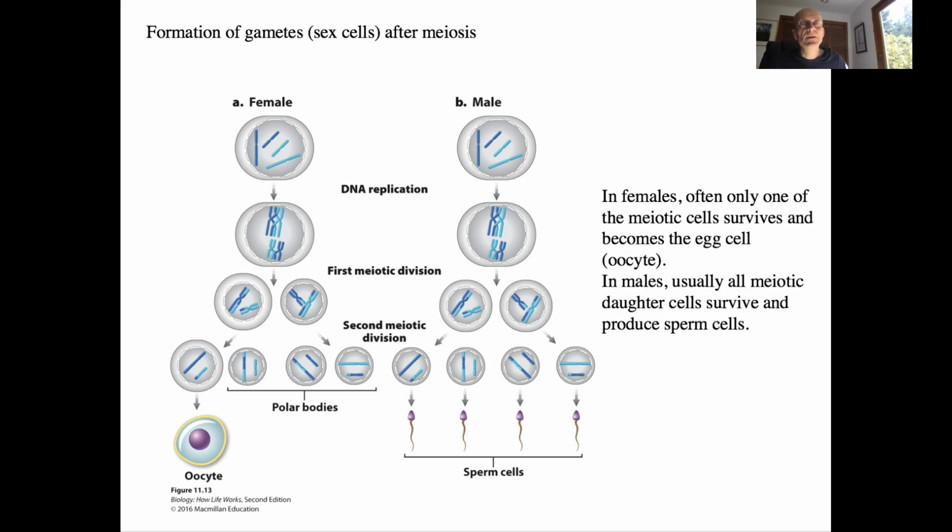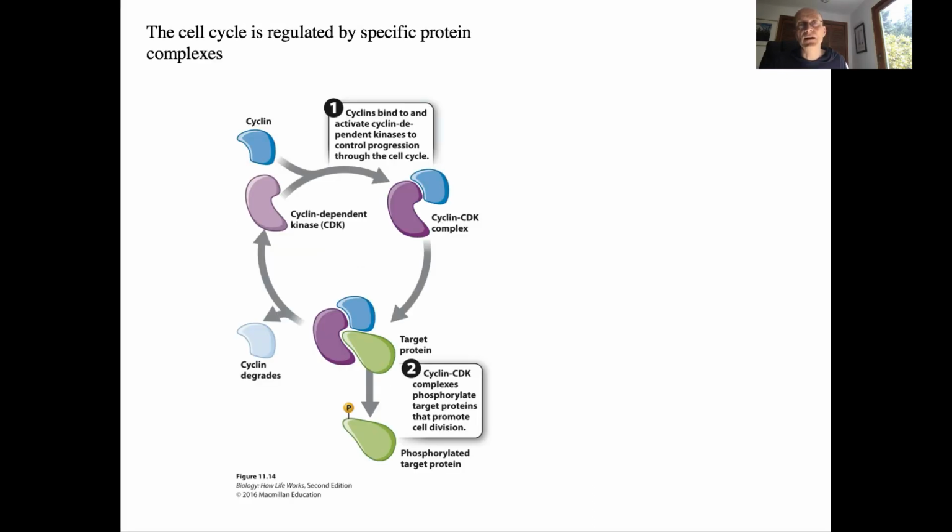Let's spend a little bit of time thinking about how meiosis is regulated, or how mitosis is regulated. So cell cycle specific regulators allow the cell to determine whether it's even going through the various steps of the cell cycle. So we've talked about the cell cycle being the G phase, and then the S phase, and the other G phase, G1 and G2, the gap phases, and then moving into mitosis.